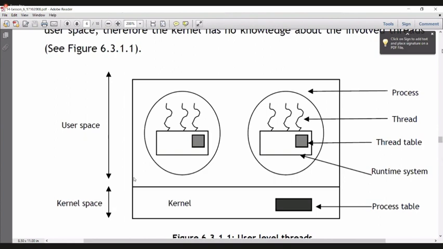The user can use the user space, but the system space is restricted. So in user space you can have different processes.